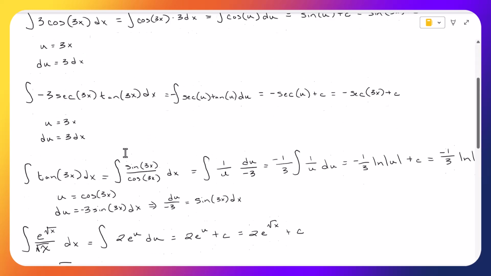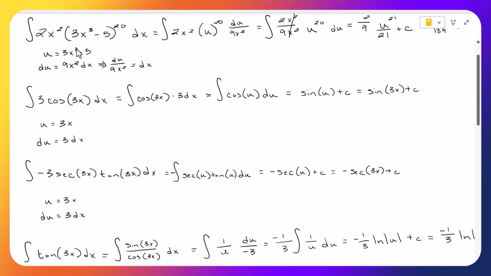But if we come back up here, remember I said this 2x squared looks awfully a lot like the derivative of this 3x cubed minus 5. It doesn't look exactly the same, but it looks awfully a lot like it. And I specifically called this our inside function.